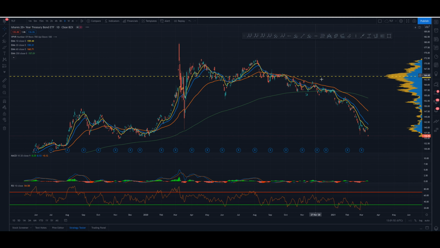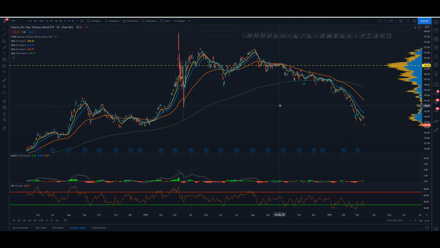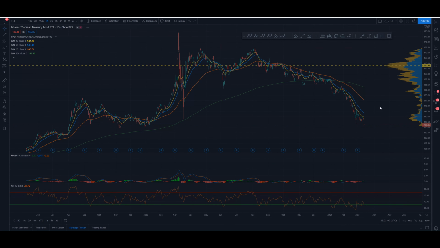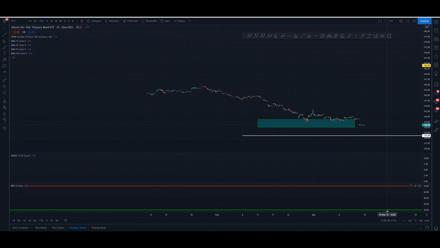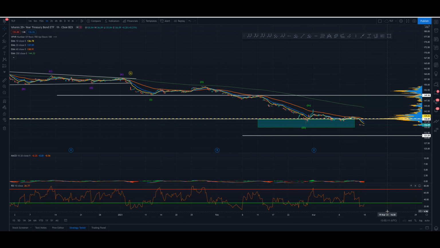Give it a second. The chart is really struggling to load everything at the moment. I'm not quite sure what's going on. Let's just come down to the hourly and see if that trips it. Bear with me one moment. I'm just going to try and sort this out. I've just realised an issue and I need to resolve it. Sorry about this, guys.